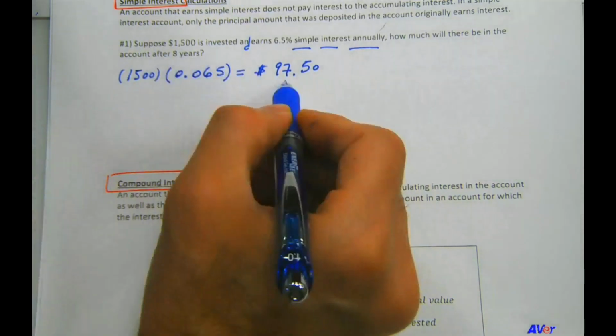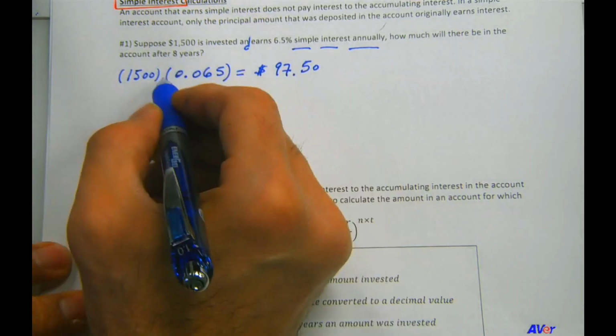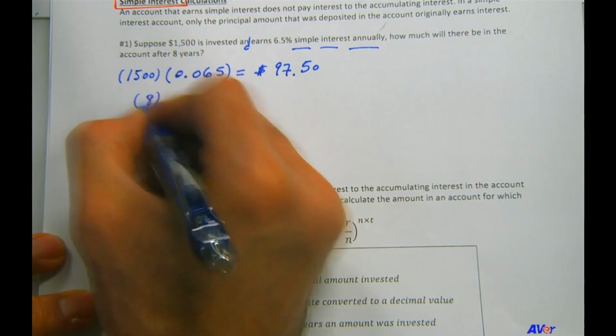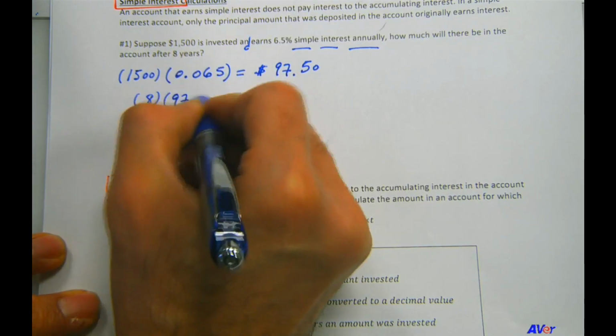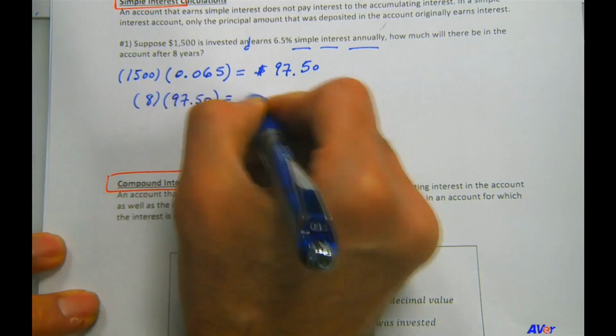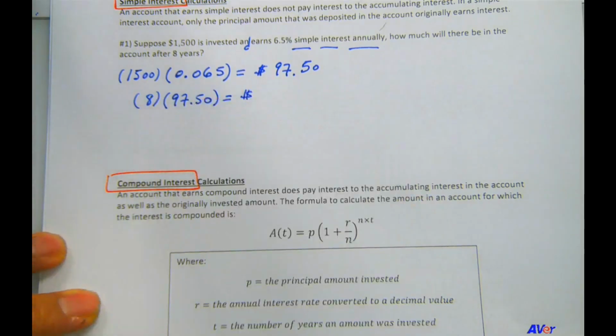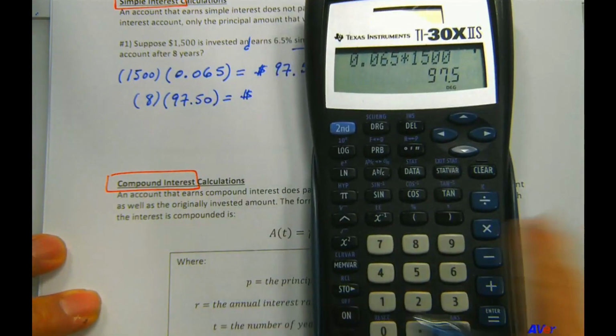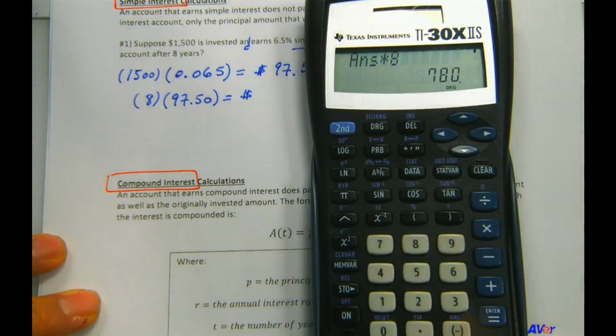It's going to stay constant. So we have 8 times 97.5. Let's see what that money is. So 97.5 times 8, that's $780.